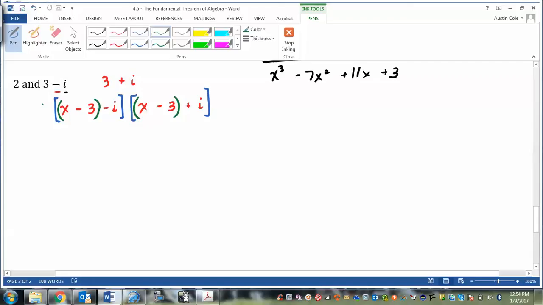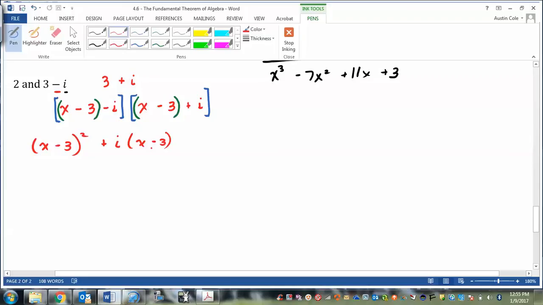So when I FOIL, again, I'm going to treat x minus 3 as one thing. So x minus 3 times x minus 3 is x minus 3 squared. Then I'm going to take x minus 3 times positive i. That's going to be plus i times x minus 3.